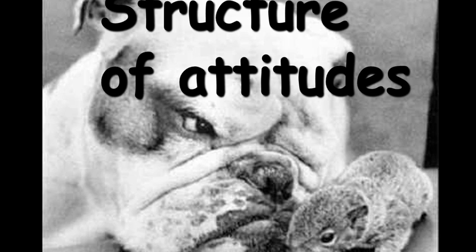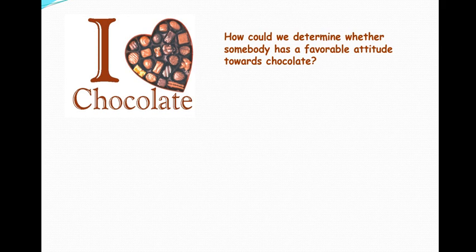We're going to discuss now the structure of attitudes. Remember, I love chocolate. And I want you to tell me, how could you determine that somebody loves chocolate? By observing their behavior. I hope that something came to your mind already.